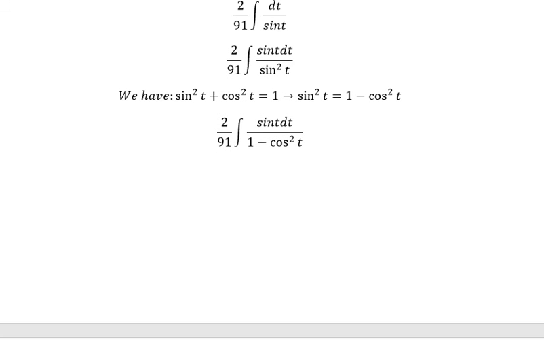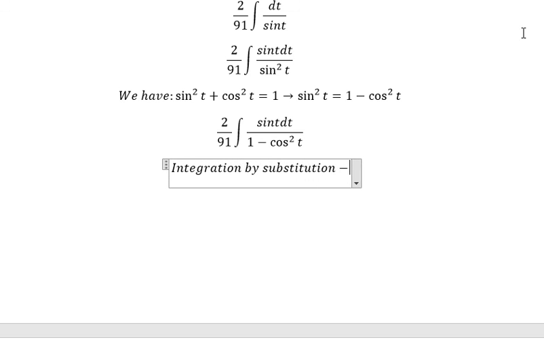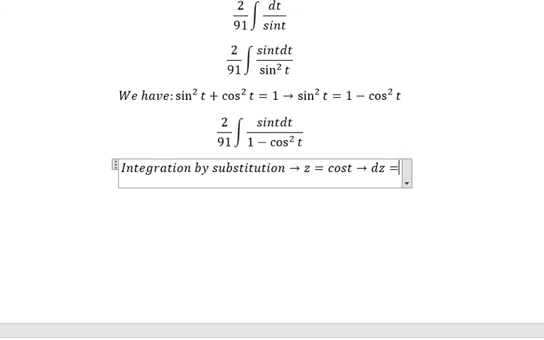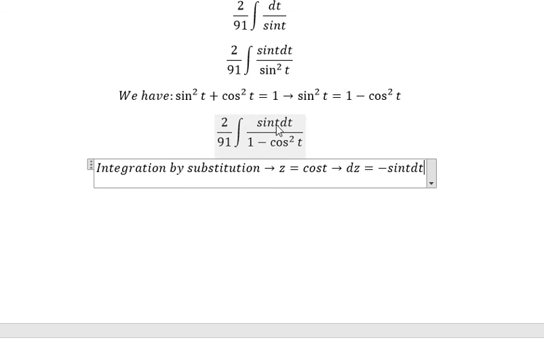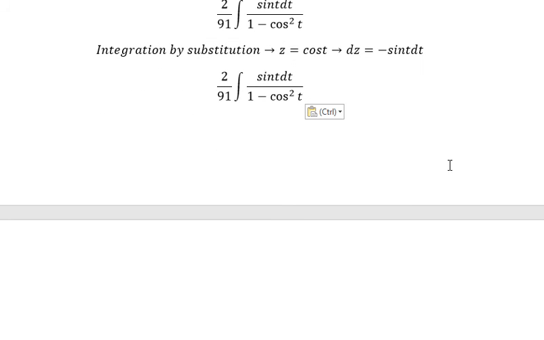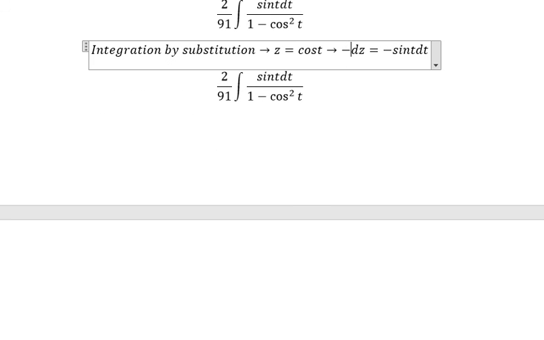Next, we can use integration by substitution. So we get z equal to cosine t. So we get dz equals negative sine t dt. Because we don't have the negative, we put the negative next to dz.